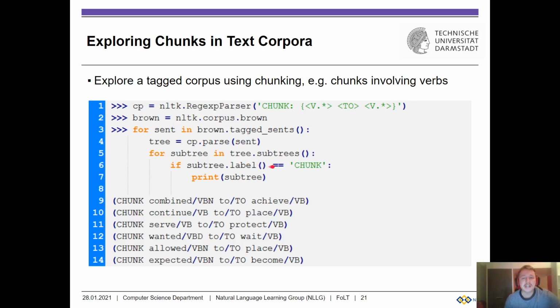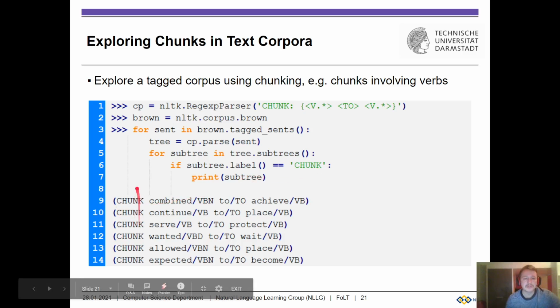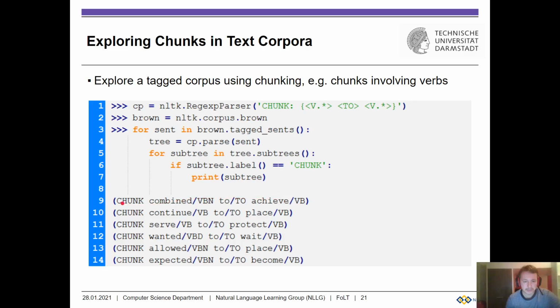And then we check whether those subtrees match the chunking grammar that we've defined above, and if so, we print them out. If we do that, we find something like this, where we get all those patterns in all sentences.